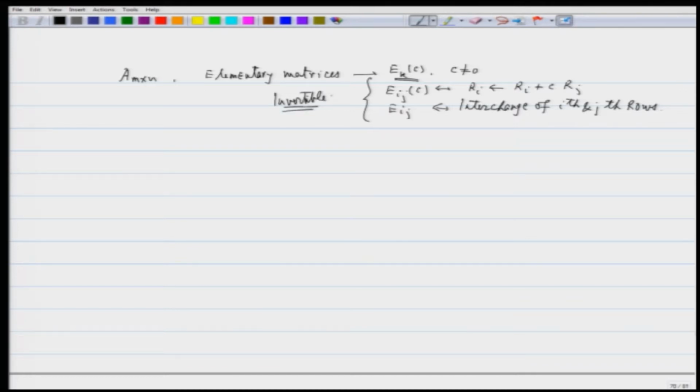We also had this definition where we said that there are two matrices, A is M cross n, B is M cross n.